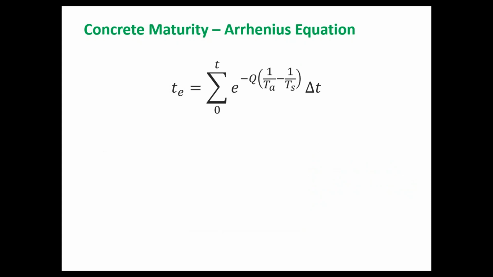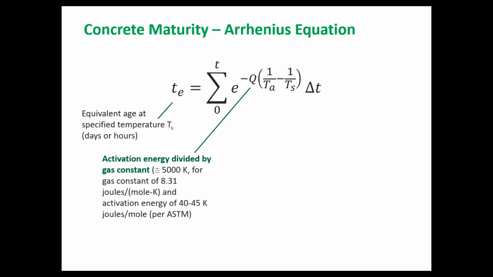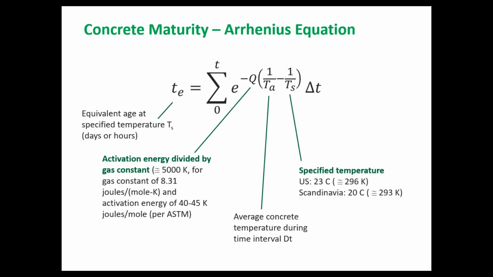The equivalent time, or the maturity index based on the Arrhenius equation, uses this equation where Q is the activation energy. I won't get into the details of that. TA is the average concrete temperature during that delta T. TS is the specified temperature, and obviously delta T is the time interval.